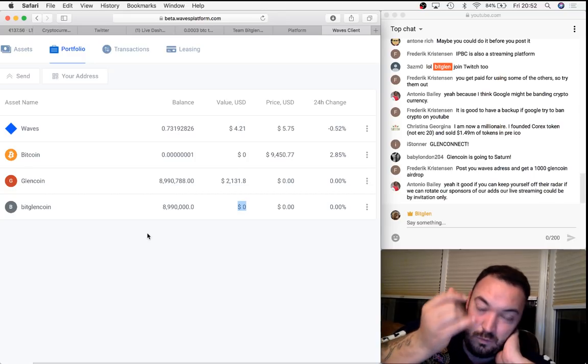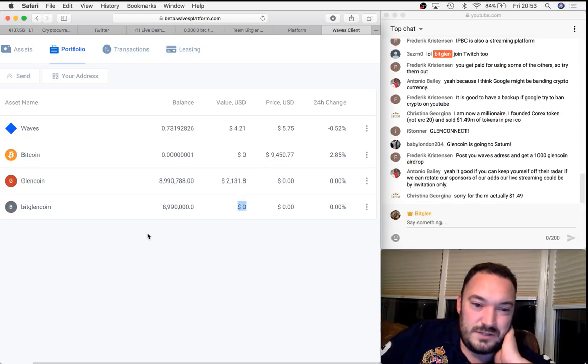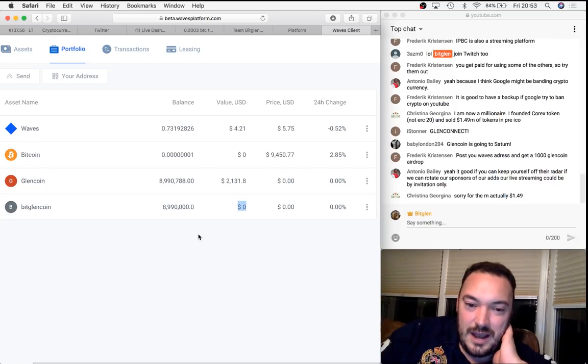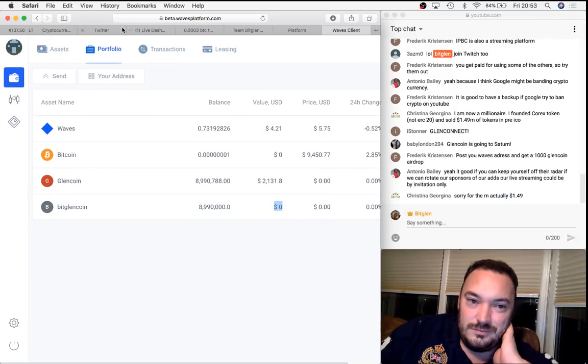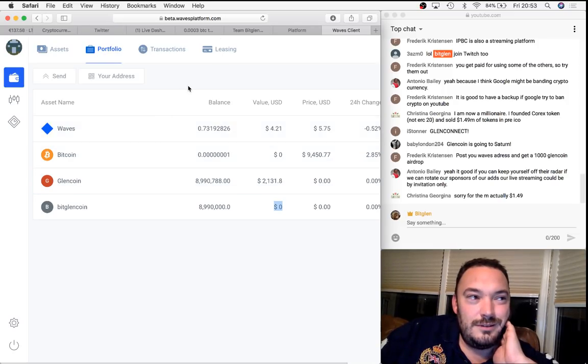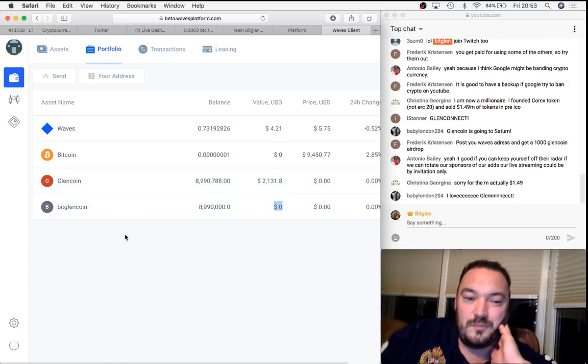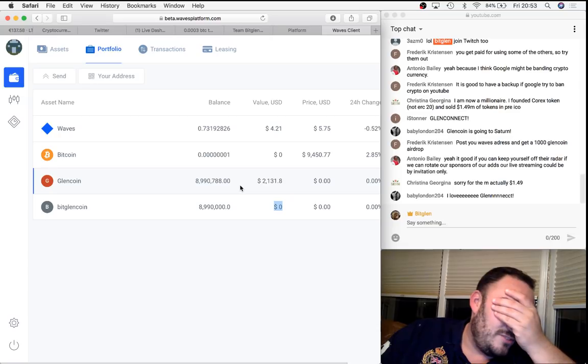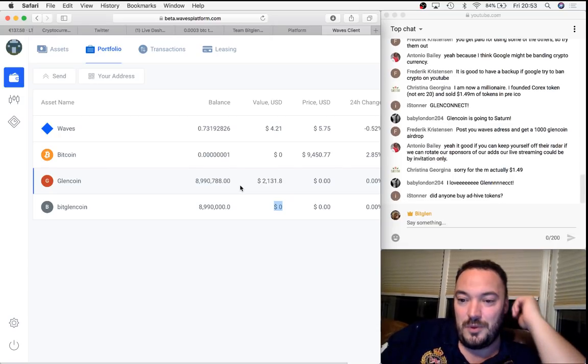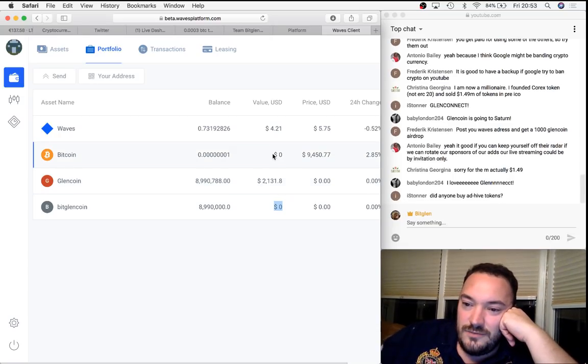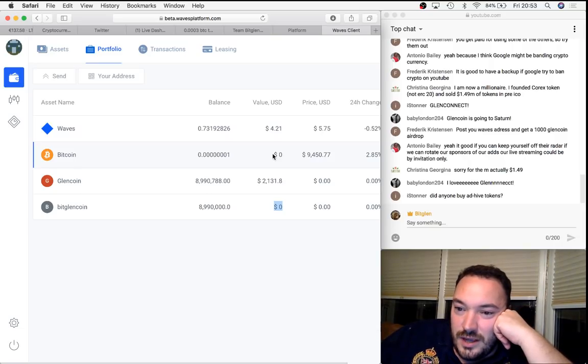The Wave website has obviously calculated that I've got this many coins and times that by 70 cents or whatever. I don't know how it's done it, but it's worked out. That's what I think. And then once I put in some sale orders on their platform, the price went down even further, because this was worth £150,000 potentially at one point. I love Glen Connect. Sorry for the M, actually $1.49.